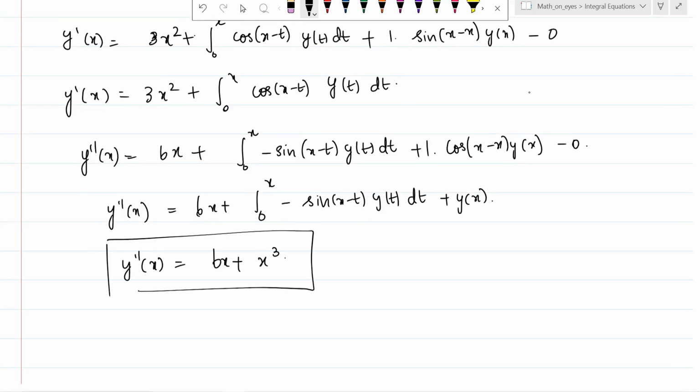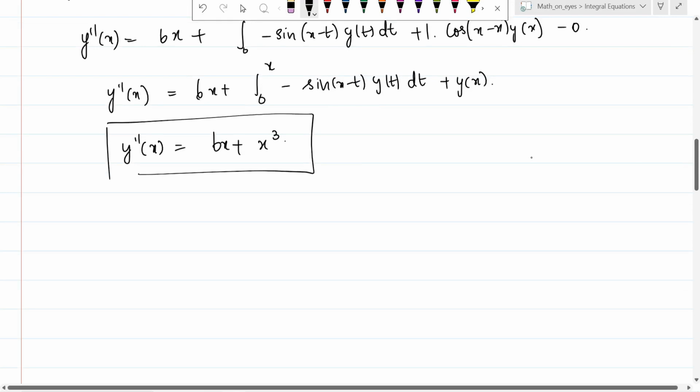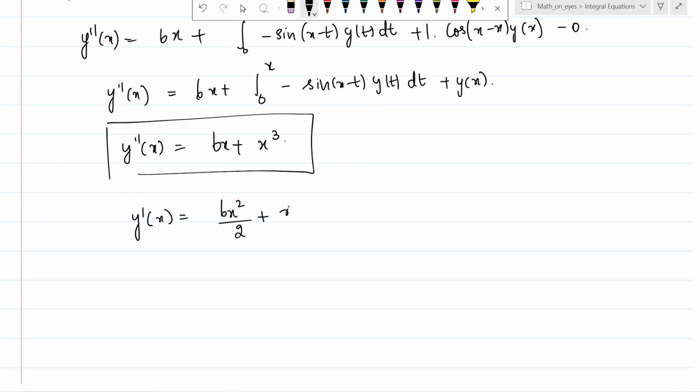Now I am going to integrate to get y of x. When you take the integration, y dash of x will be equal to 6x squared divided by 2 plus x power 4 divided by 4 plus a constant c1.